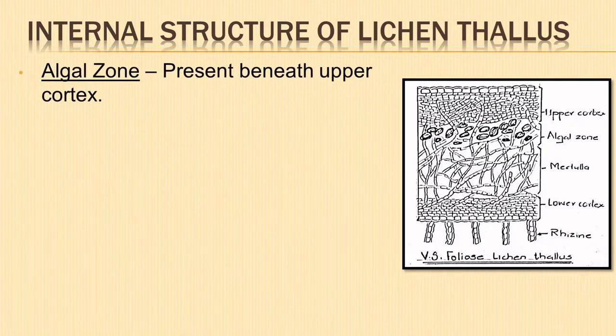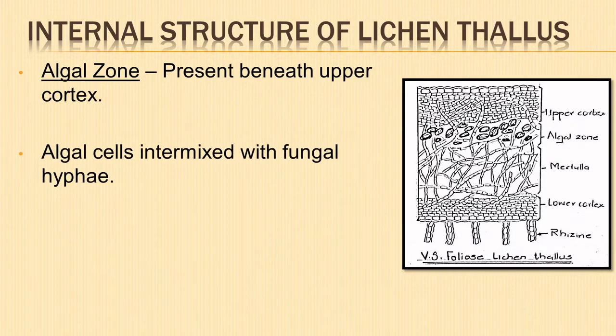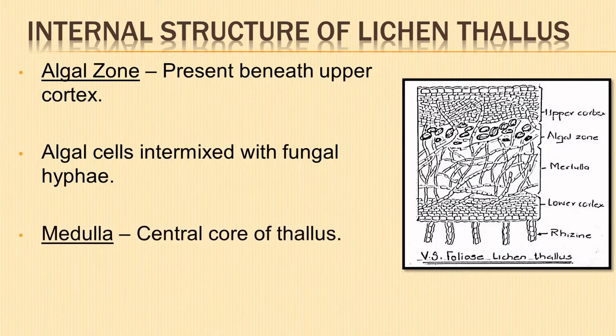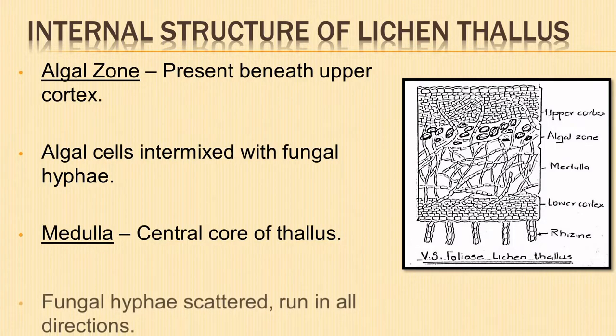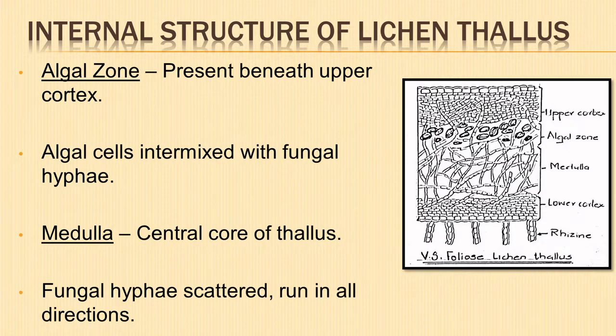Algal zone. This zone lies beneath the upper cortex. The algal cells are intermixed with loosely interwoven fungal hyphae. Medulla. It is the central core of the thallus. The fungal hyphae are scattered and loosely interwoven.